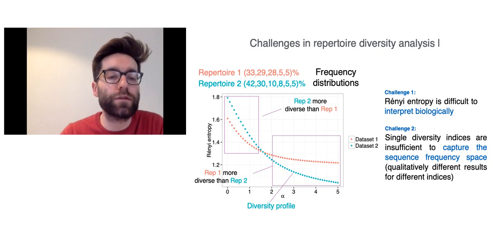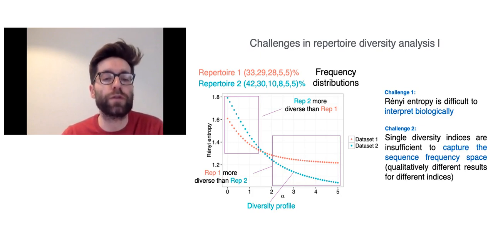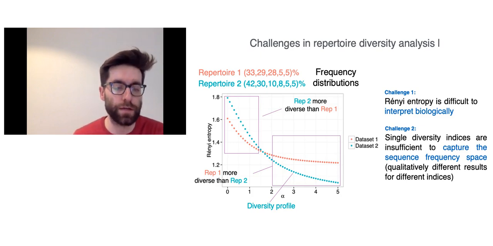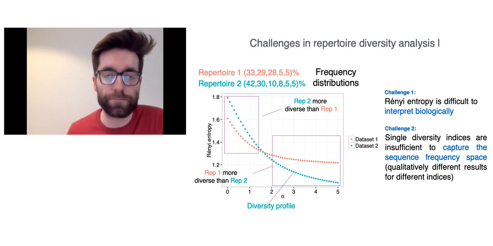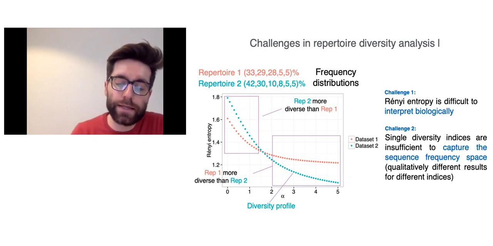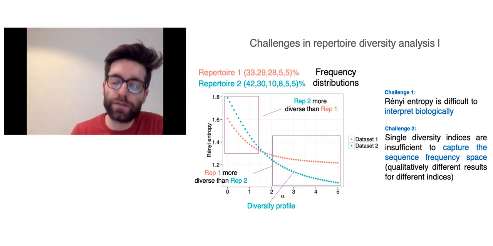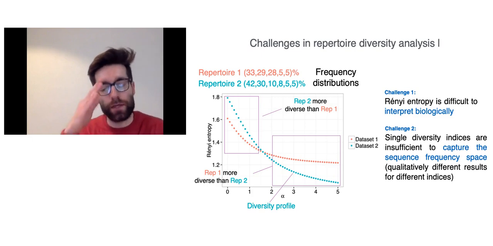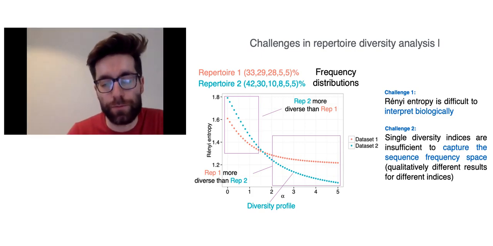So completely different biological conclusions you would draw if you had looked only at the Shannon entropy or at the Simpson's index. That's why it's good to check a few indices or look at the profile to see if there's some overlap or some intersection between the samples or not.